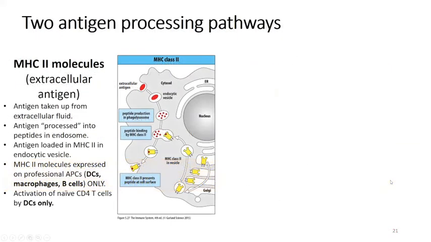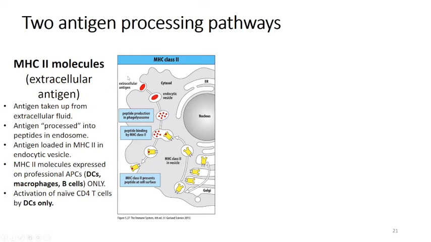Let's talk a bit about how the antigen gets there. MHC class 2 molecules present peptides derived from extracellular antigens. So here's a cell that expresses class 2 MHC molecules: dendritic cells, macrophages and B cells are the only cells that express MHC2.